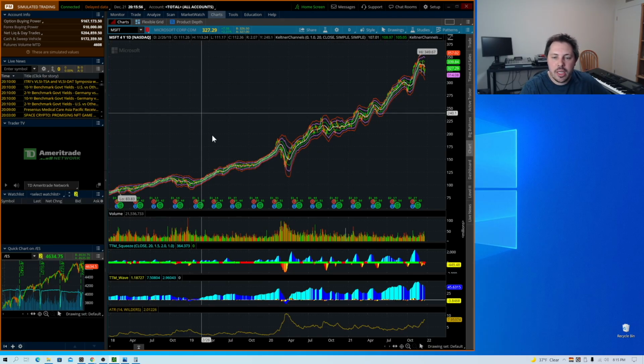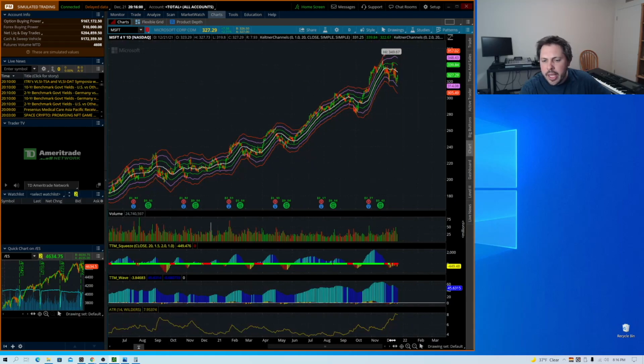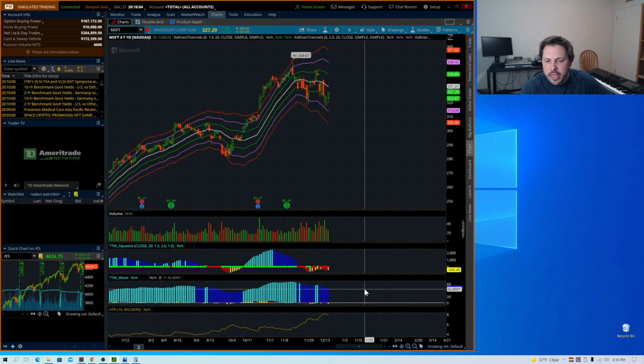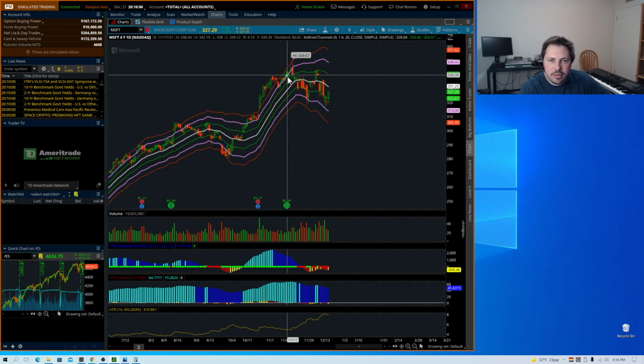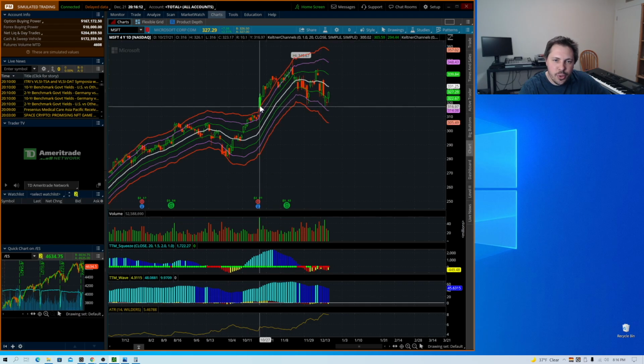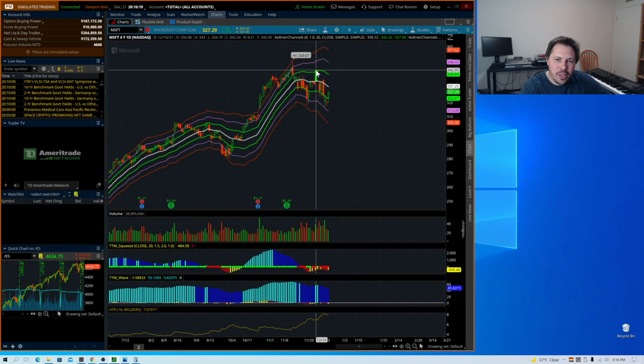Okay, so I have Microsoft here loaded up, and we're going to zoom in here. And we can see that Microsoft almost looks like a head and shoulders pattern, right? Where you have, here's a shoulder, here's a head, here's another shoulder, right?